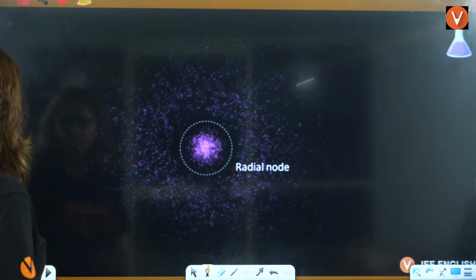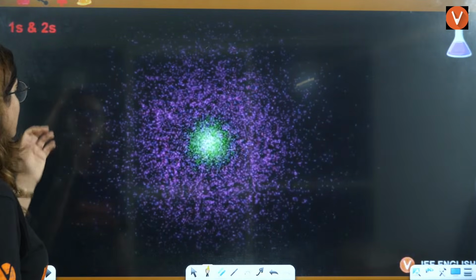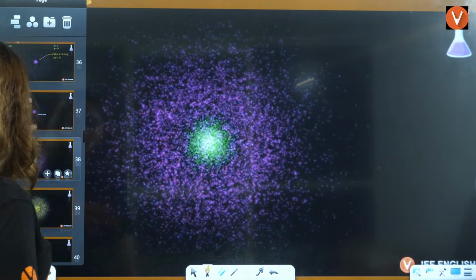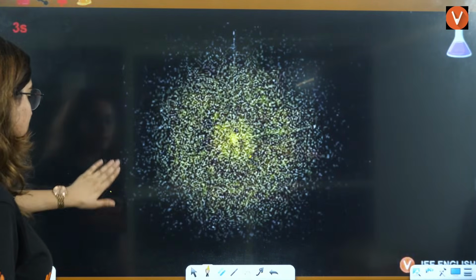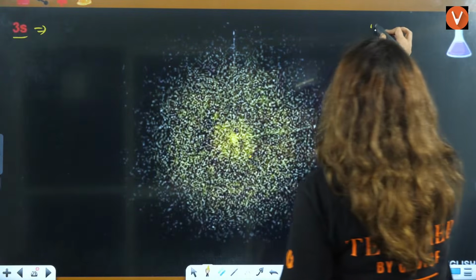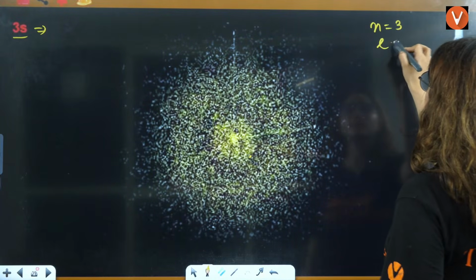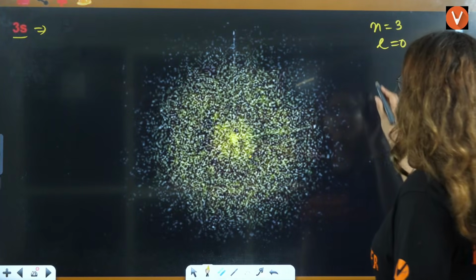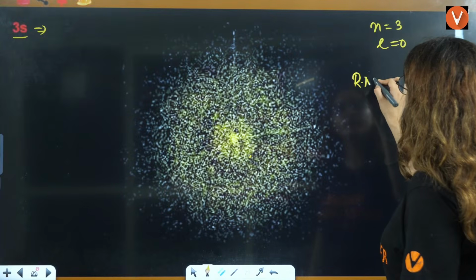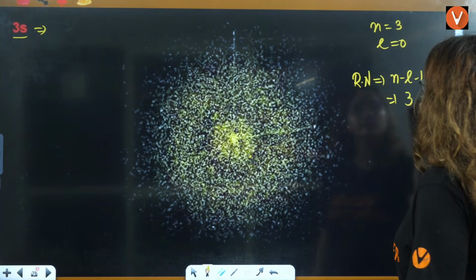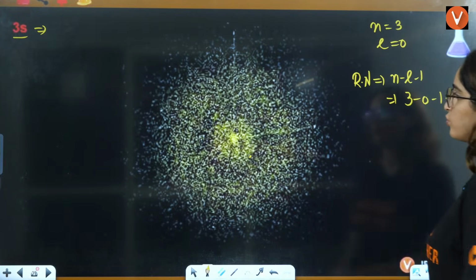Okay, so now let's see this. This is how it actually looks like, that I'll tell you in the next class. Right? Now 3s. n is equal to 3, l is equal to 0. For s, l is always equal to 0. So radial node will be n minus l minus 1, that is 2.